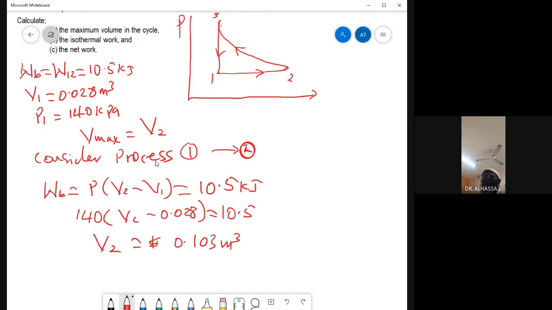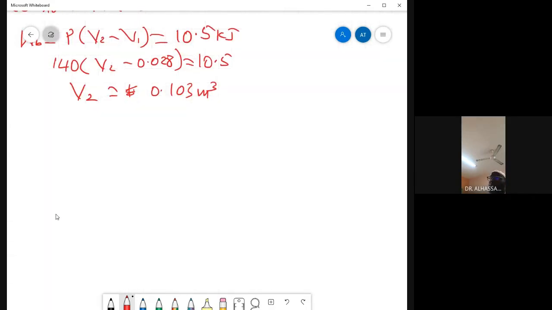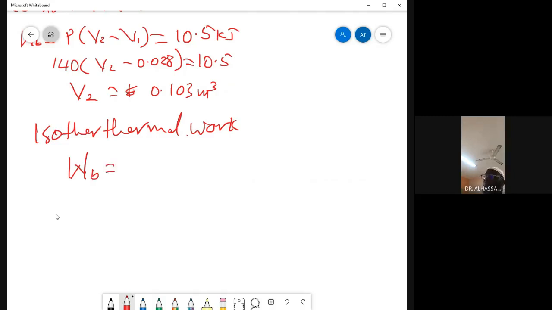Now we want to determine the isothermal work. Isothermal means constant temperature, so W equals, by definition, P1 V1 log of V2 divided by V1.